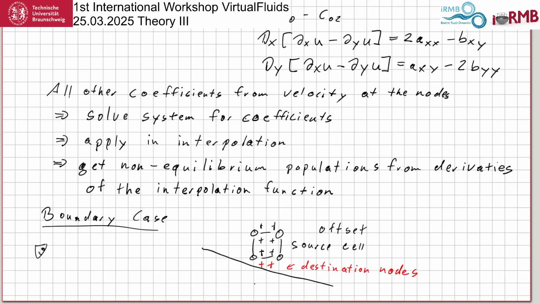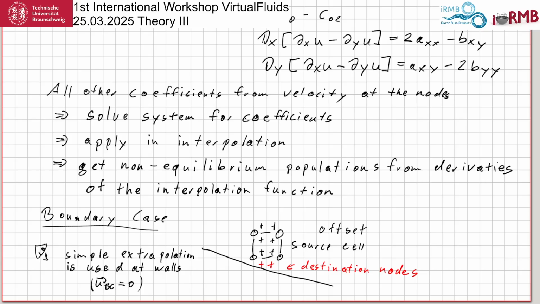So what we are doing here is a simple extrapolation, where we have U_BC for the wall, U_BC is equal to 0. This apparently works.